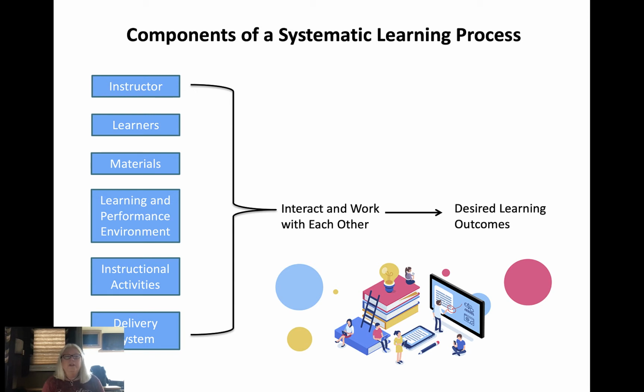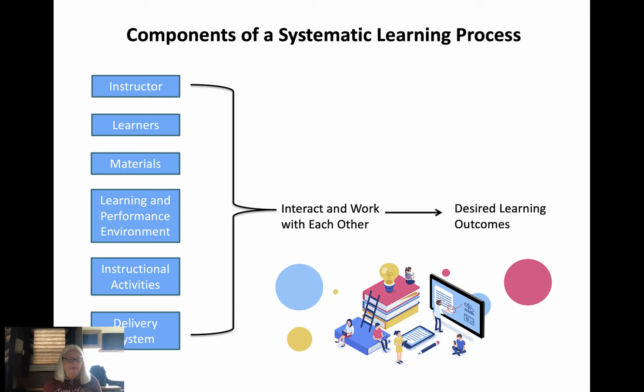Then we have instructional activities, things like exams and quizzes, discussions, and the delivery system. How are we delivering this training? Is it being delivered through a learning management system, or is it being delivered in person? Okay, but either way, all these things interact with each other. So changes in one component affect other components as well as the learning outcomes.